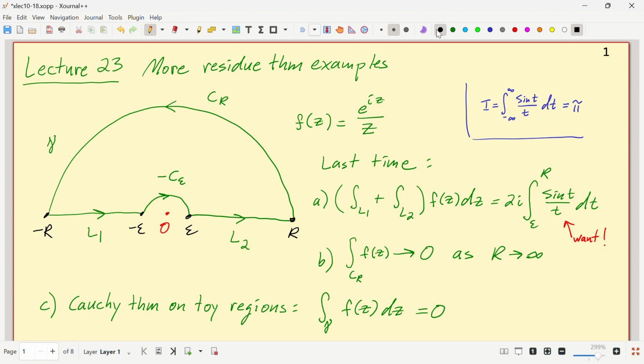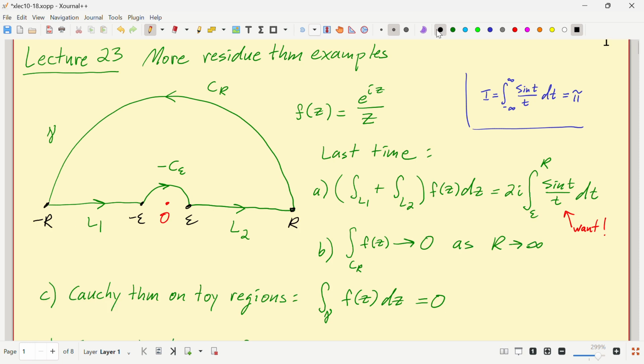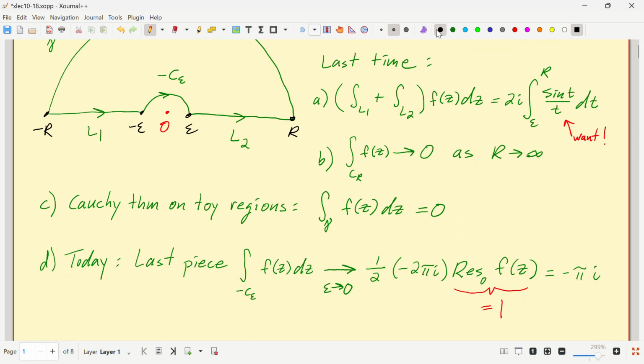So the whole thing boils down to what's left, and that would be the integral along the little punched out circular part. I'm calling that minus c sub epsilon because it's going clockwise instead of counterclockwise. Now we're going to show that this last piece tends to something.